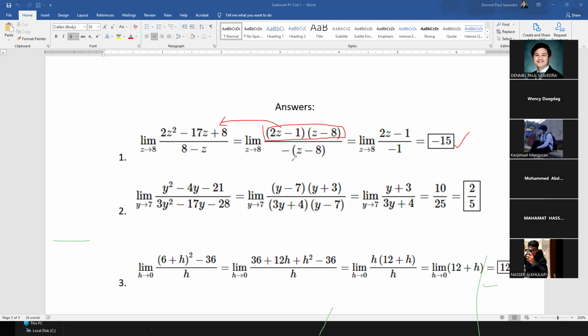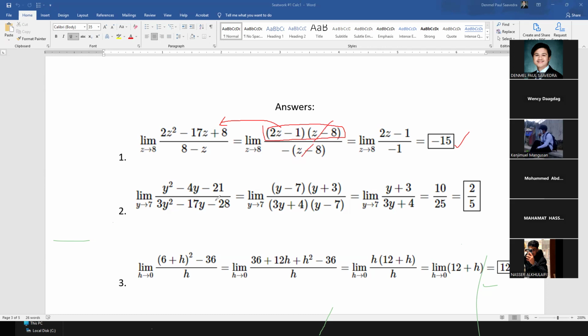So we're not changing the value of the equation. We're just tweaking it, meaning changing the format, not really changing the value. With that, we'll be able to cancel this, retaining 2z minus 1 over negative 1, which gives us the answer.